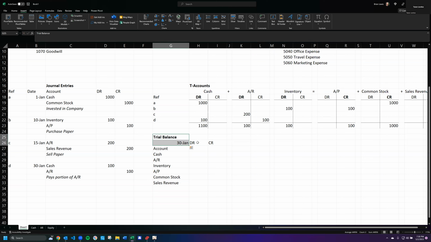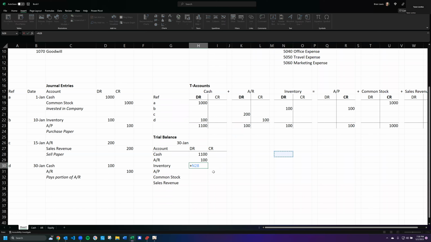Let's bring this down here. Okay. So now we have our accounts. I'll put a little underline in here to give you a rough sense for what this is. So cash, we're going to pull this number. AR is a debit, so it's going to be over here. Inventory is going to be right here. Accounts payable is on the credit side, so we're just going to bring this number over from there.